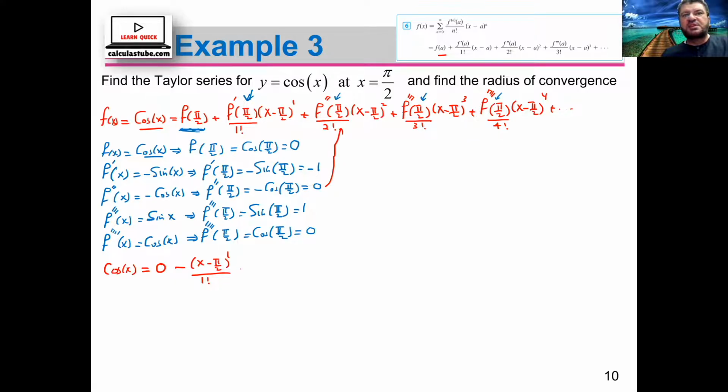This one is plus 0 times x minus pi over 2 squared over 2 factorial. This one comes here, the third derivative. So we have the third derivative is 1, so plus x minus pi over 2 to the power 3 over 3 factorial, because it's 1. The fourth derivative is 0, so plus 0 times x minus pi over 2 to the power 4 over 4 factorial, and we say plus plus.